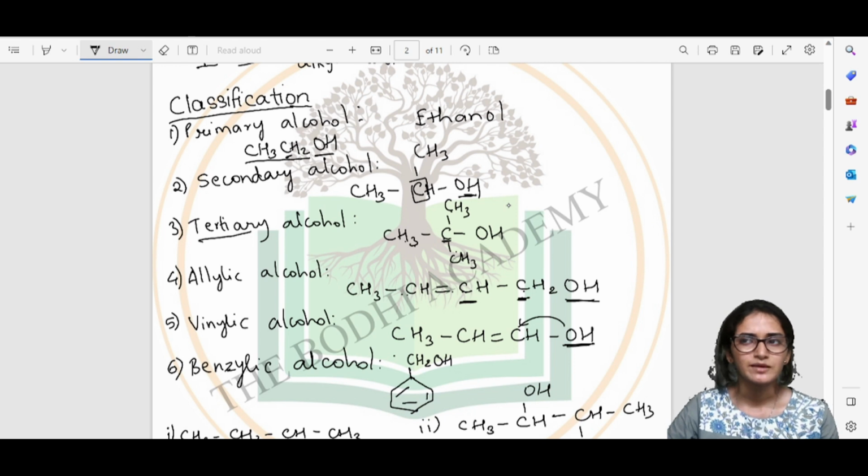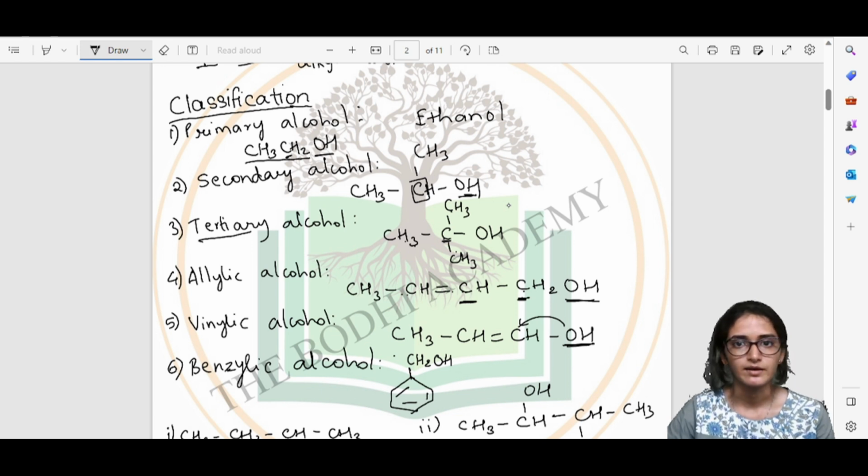Now common names are also important, but not for all the compounds. For some compounds you should remember the common names, because whenever they give conversions and reactions in the exam, they put the common names, so you must know to identify which compound it is. So common name knowledge should be there, but IUPAC is more important.